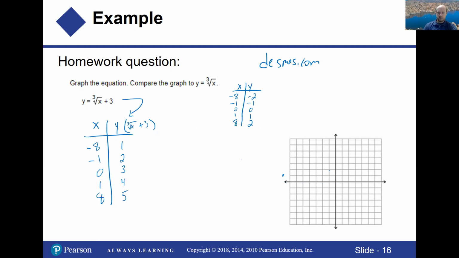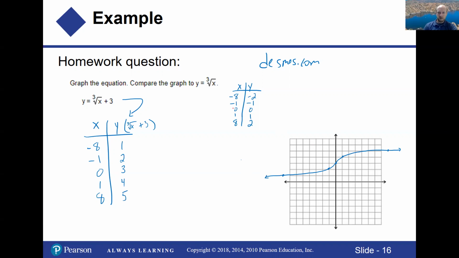But this is -1, 2, 0, 3, 1, 4, and 8, 5. It's going to be right about there. So this one kind of looks something like this. I actually did pretty good drawing that. I'm impressed with my skills there.